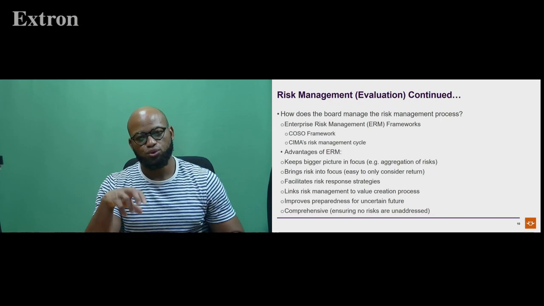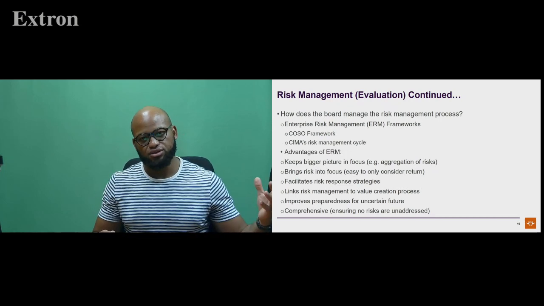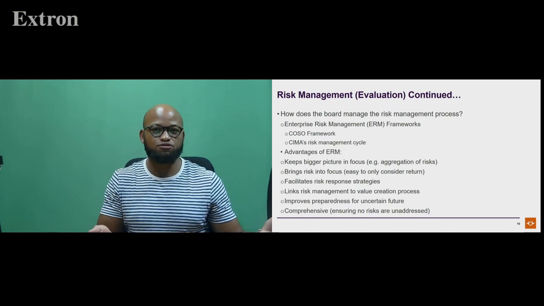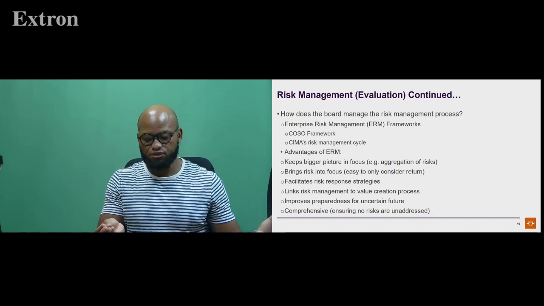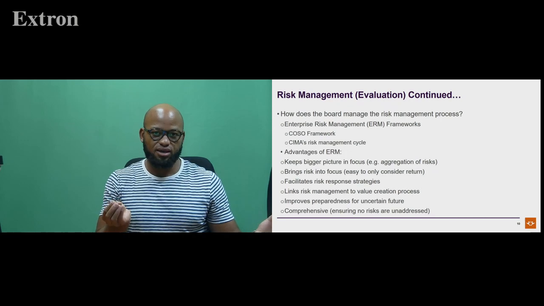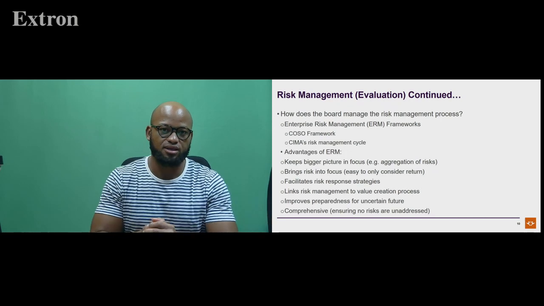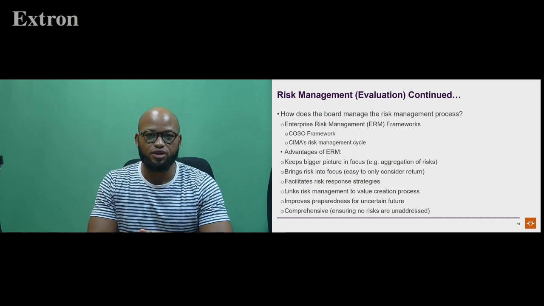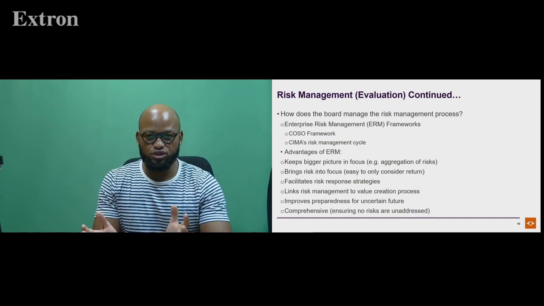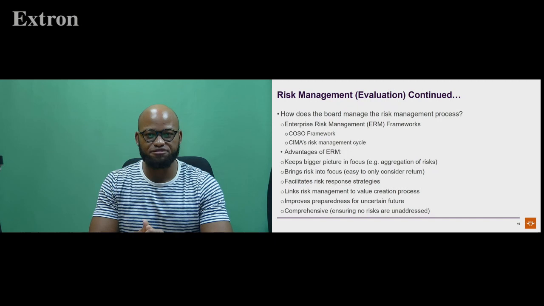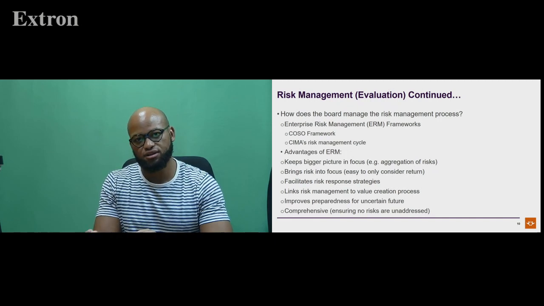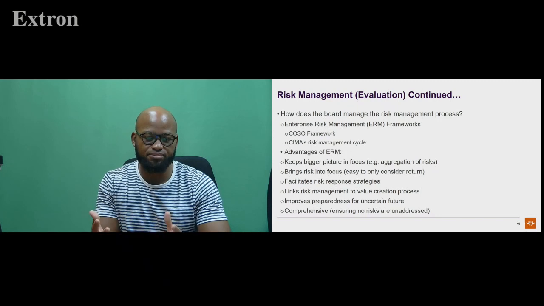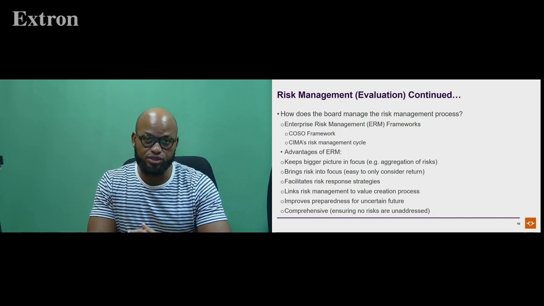However, if you add that risk to risks of a similar nature, let's say we're talking about fraud, maybe for a specific business unit the assessment is that the risk of fraud is not that significant. However, when we aggregate the fraud risk in the entire organization, we may find that at the individual desk level the risk is not so important, but when we add it up, it becomes a significant and key risk for an organization.